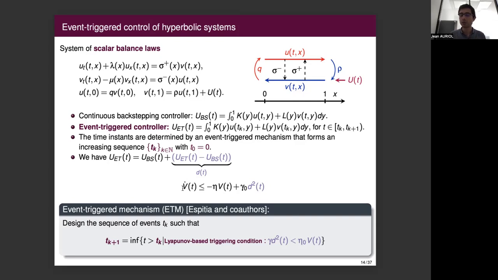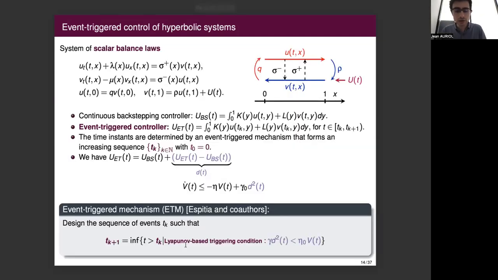Which means that if this condition is not satisfied, then your Lyapunov function does not decrease anymore, and so you want to avoid that. That's why you set this condition. So if my Lyapunov function starts to increase, then I update my controller again.